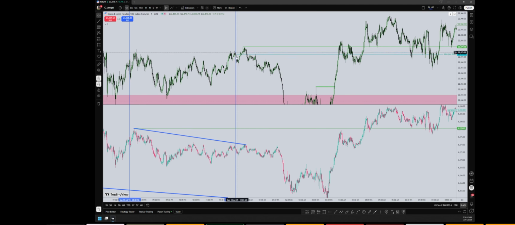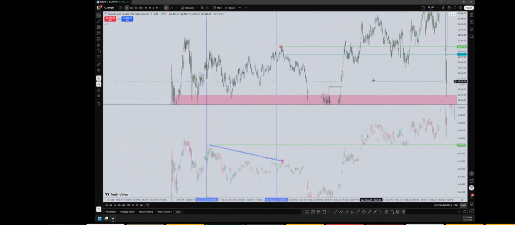So when the SMT forms, what it means is that this is the highest high for ES for that specific session or liquidity area, and this is the highest high for NQ. NQ has taken it. ES has taken this one, but it failed to take that high still here. After the retracement, finally the market took that high.